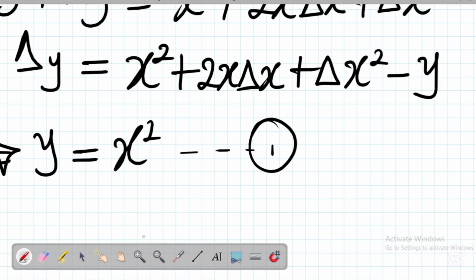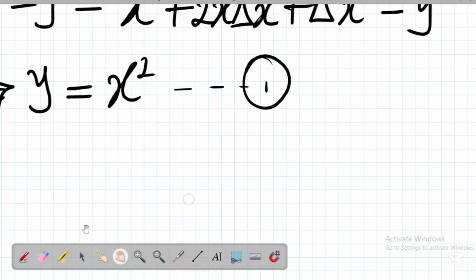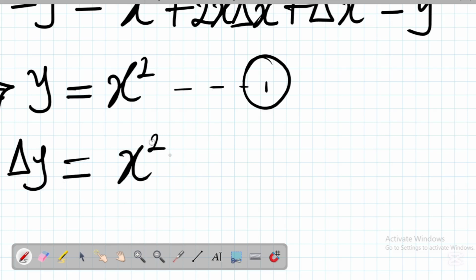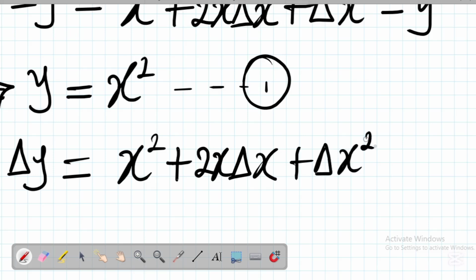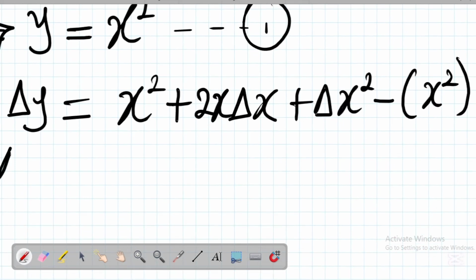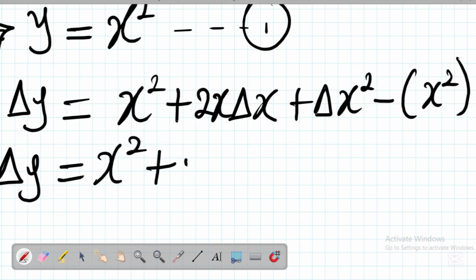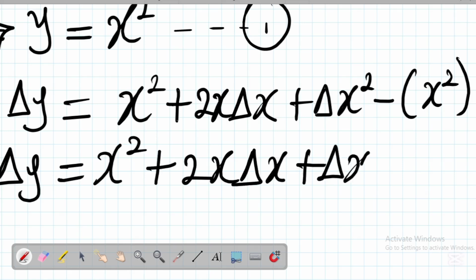So if we substitute equation 1 into this, we would have change in y equals x squared plus 2x change in x plus change in x squared minus x squared.